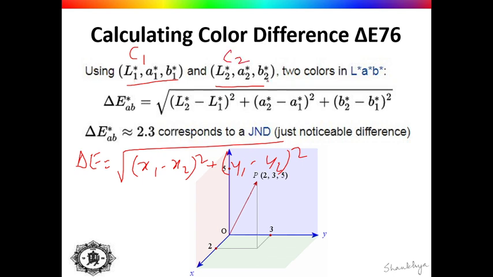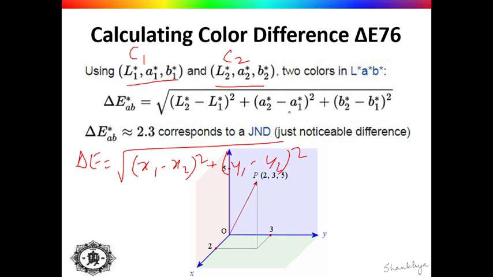Now in order to find out the difference between these two colors, I need to find the distance between these two colors in the LAB color space. Therefore, how can it be found out? Root over L2 minus L1 whole square, since it is squared value, L1 minus L2 whole square and L2 minus L1 whole square will give you the same result. L2 minus L1 whole square plus A2 minus A1 whole square plus and so on.